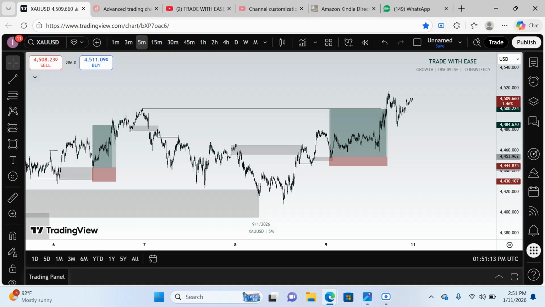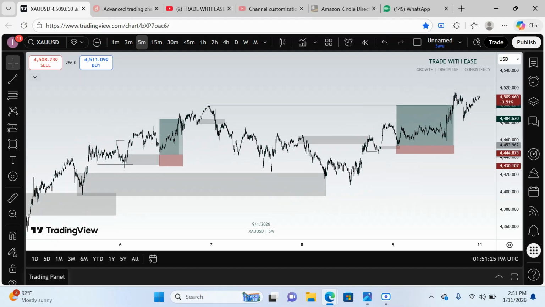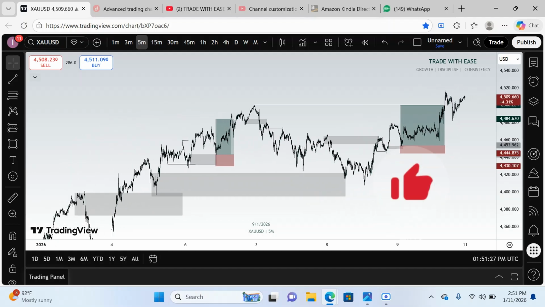Just go on your chart and study. Everybody has a way they study and a way of entering trades. But this is just to help you understand the market better, right?